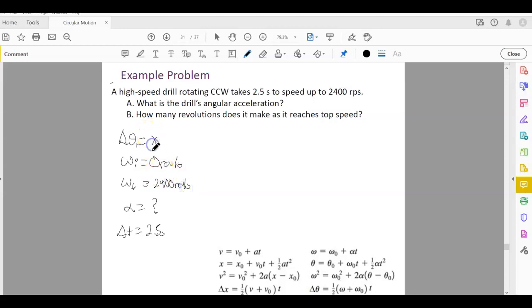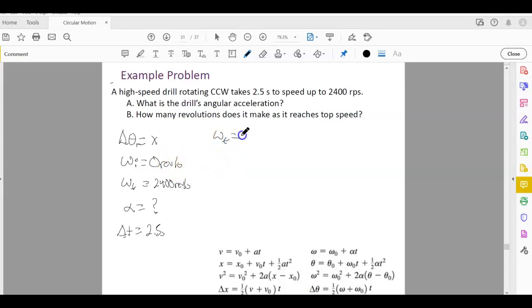So we don't know what delta theta is. We're doing a very similar problem to what we just did. We've got omega initial is 0. So we're going to use this top equation because it doesn't have any delta thetas in it. We're not given delta theta.